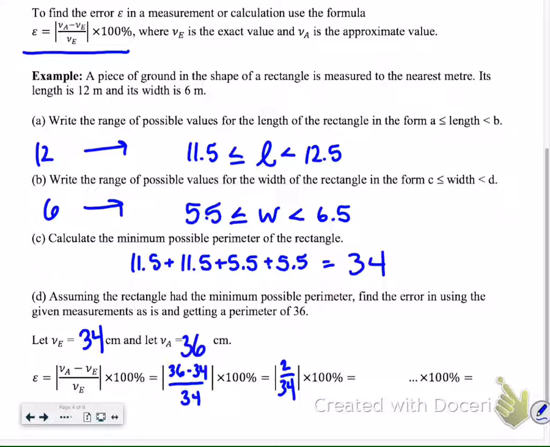As a decimal, that's going to be 0.0588-ish. Keeps on going there. Times 100 means I have 5.88%. Now, this would be actually a positive 5.88%. If we take off the absolute value, I do end up with a positive number to begin with. If it was vice versa, the other way around, then I would be below 5.88%.